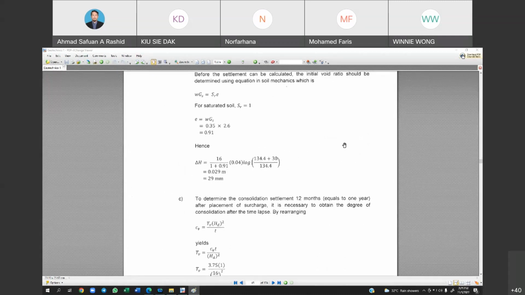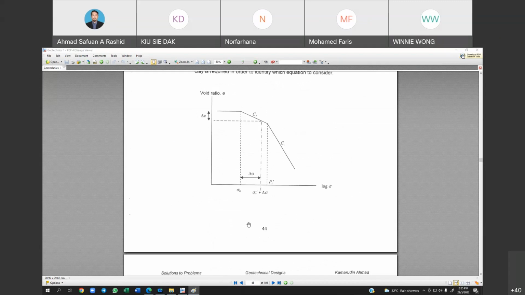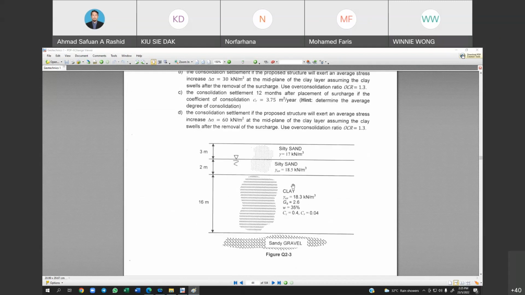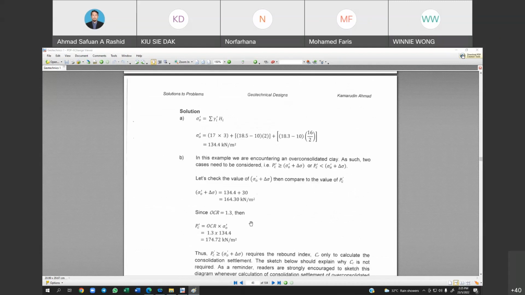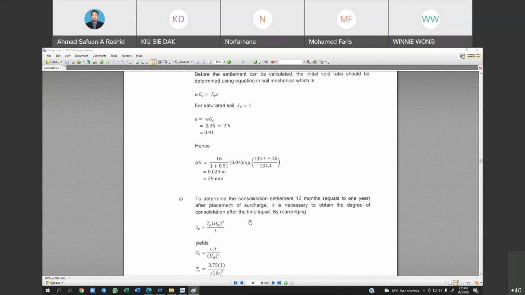To solve this problem, we may use this formula, which is CV equal to TV times HD square over t. The CV has been provided here, 3.75 meter square per year. In this case, we want to determine the capital TV.